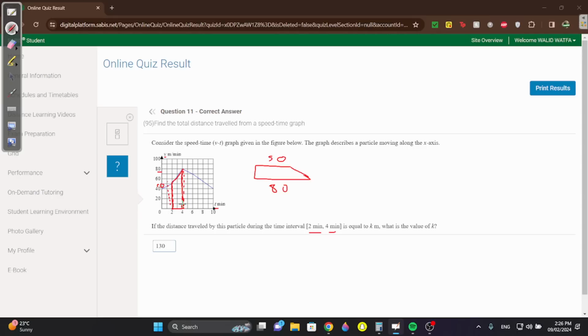Okay, and then what's the height in between 2 and 4 is 2. What do we do? 80 plus 50 over 2 times 2. Okay, why am I doing this? Because the area of a trapezoid is B1 plus B2 over 2 times height. Okay, so you'll get 130 over 2 times 2. You cancel the 2, you get 130.